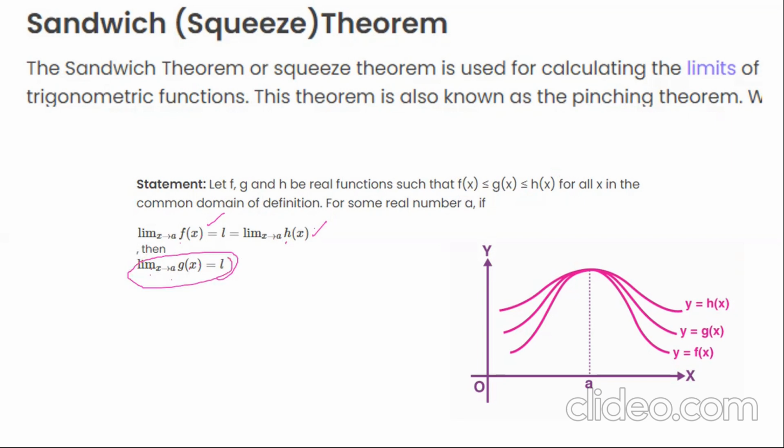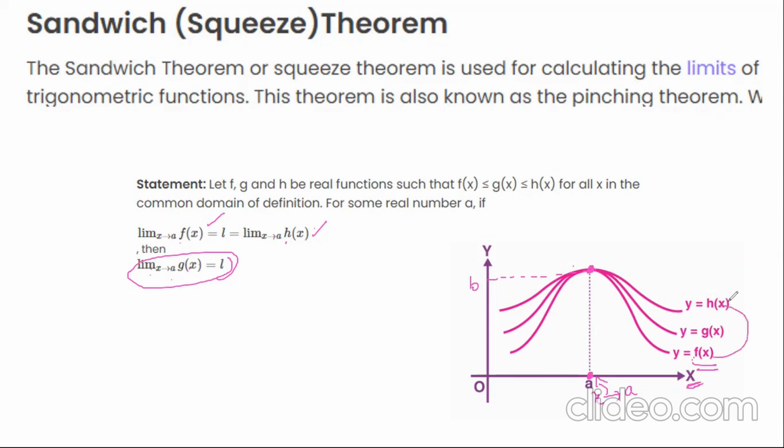Okay, so you can observe this graph also. This is our f of x. Okay, at the same point, right? At a only we are observing. Whether you are getting the same limit or not, in order to check that, you observe. You see, at point A as x tends to A, right? So what happens to f of x? F of x is also touching at point B. G of x and h of x, right?